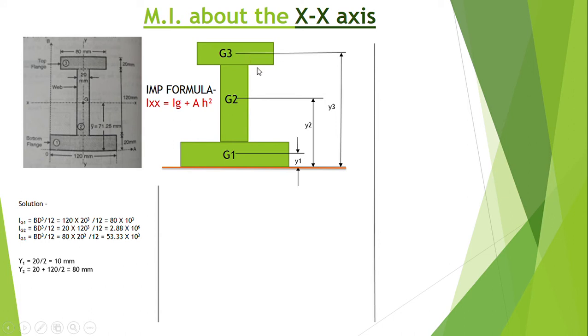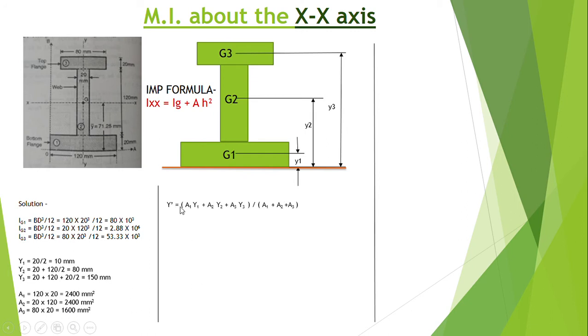So it will be 20 plus 120 and half of this section. So it will be 150 mm. As we know, the area of each and every section will be calculated by B into D. So area 1 will be 2400, area 2 is equal to 2400, area 3 is 1600.